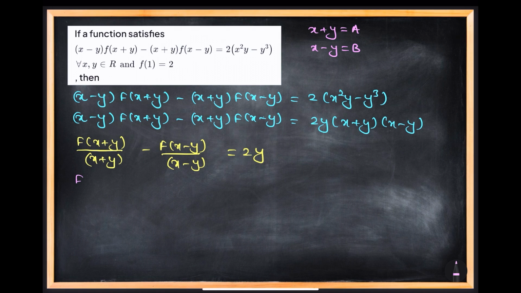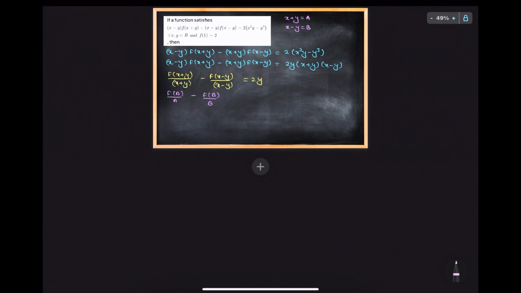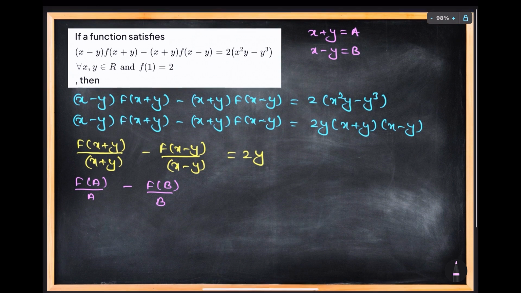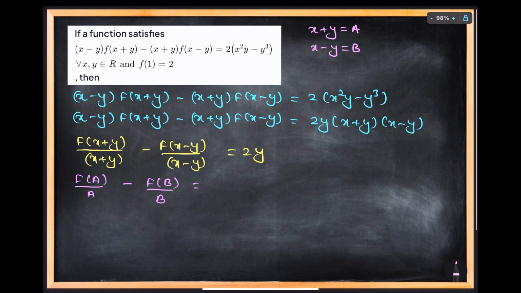And look at this, how I will manipulate from here. So it is f of a upon a minus f of b by b equals to, look at this, we have 2y. So can we write 2y as a minus b? Just tell me. If you observe from here, you can write 2y as a minus b.